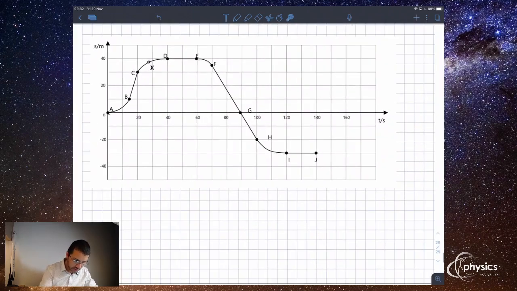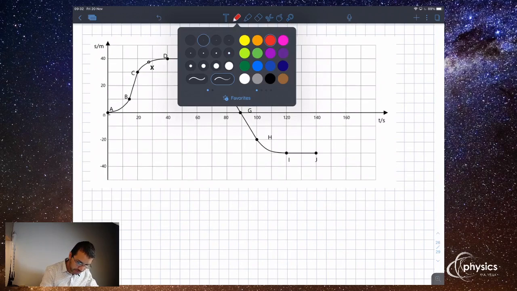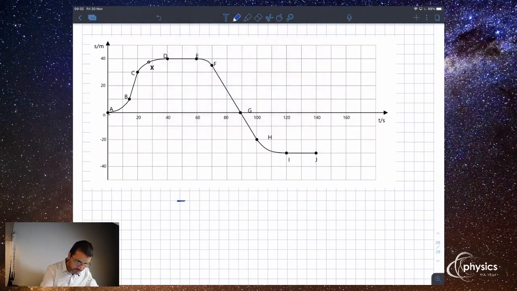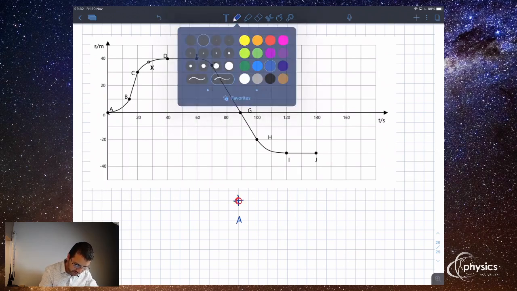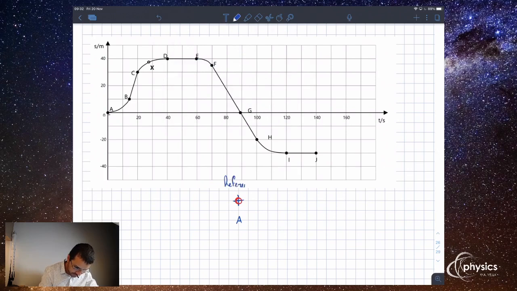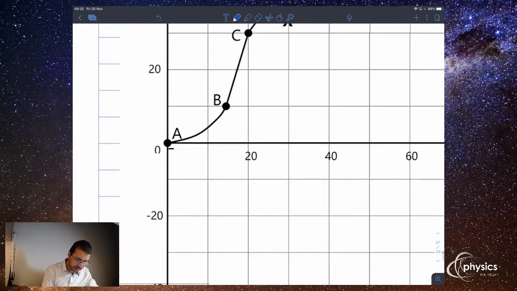If I draw a diagram showing the positions of my object at the very beginning at A, the object is at the reference point. The reference point is the point from where you are measuring all your displacements. At B then, what's the displacement at B?